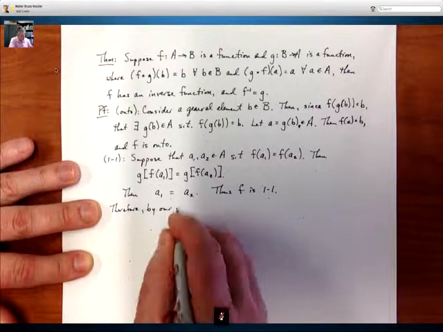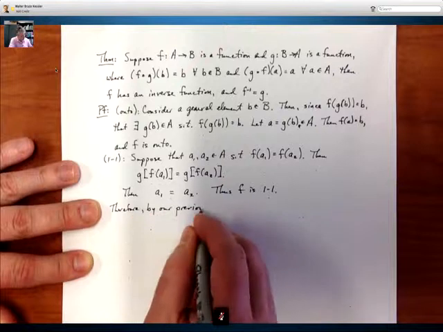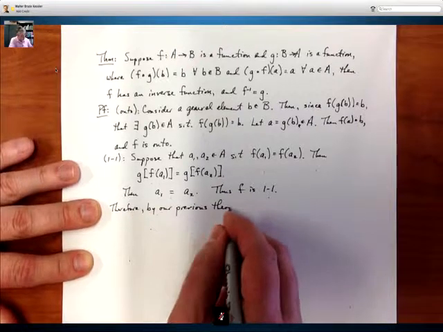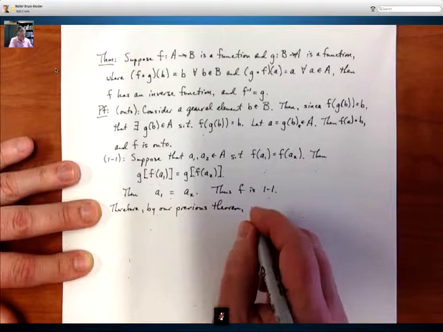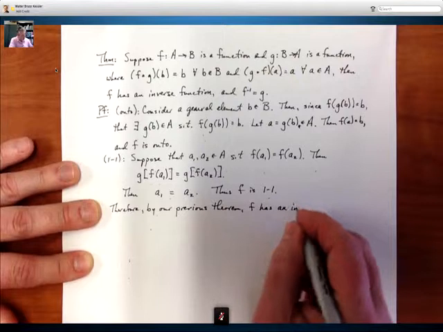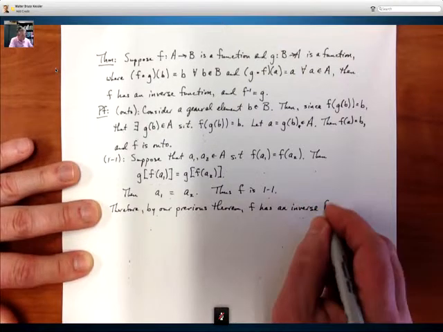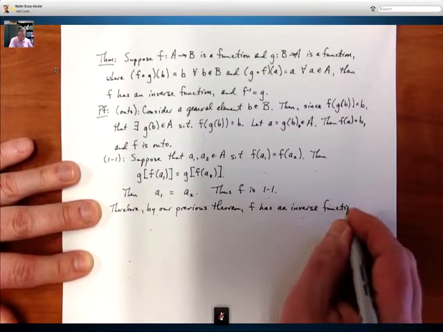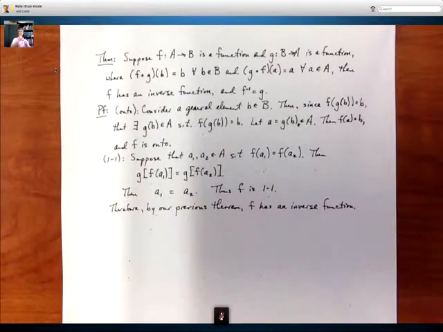Therefore, by our previous theorem, the one we just did, F has an inverse function. Okay? All right.